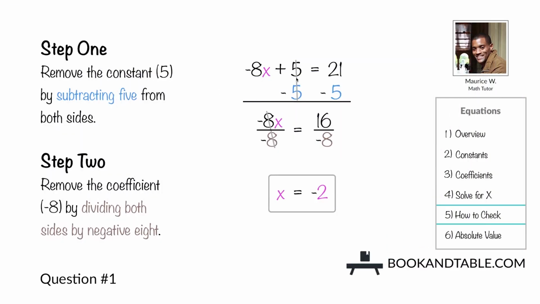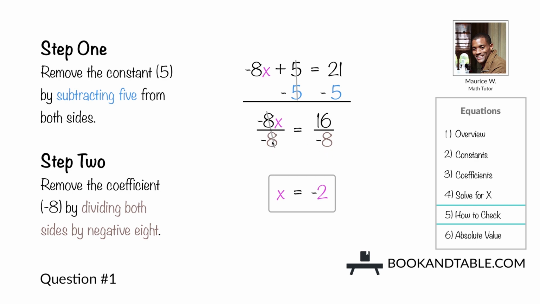Step 1, remove the constant, positive 5, by subtracting 5 from both sides. Positive 5 and negative 5 negate each other, leaving us with negative 8x on the left side. 21 minus 5 would leave us with 16 on the right side. Step 2, remove this coefficient, negative 8x, by dividing both sides by negative 8.